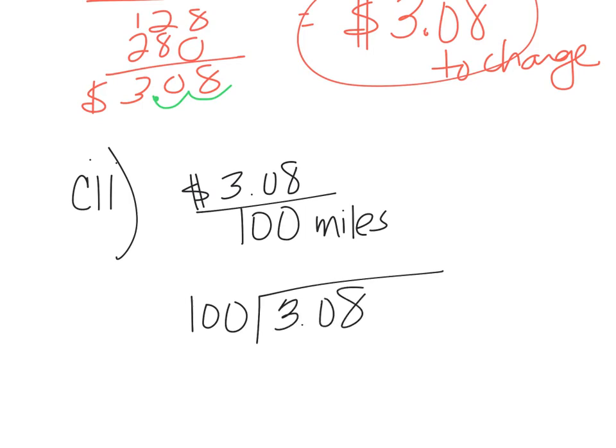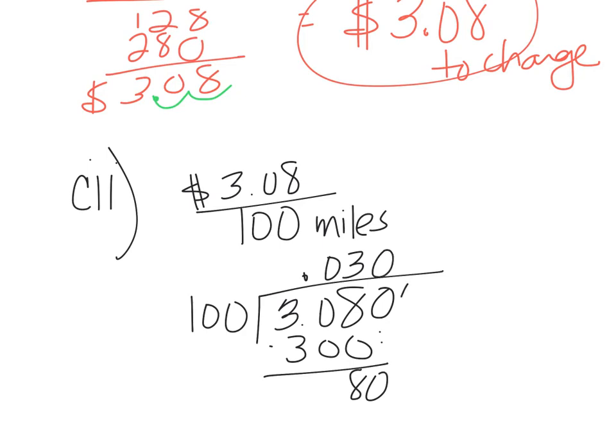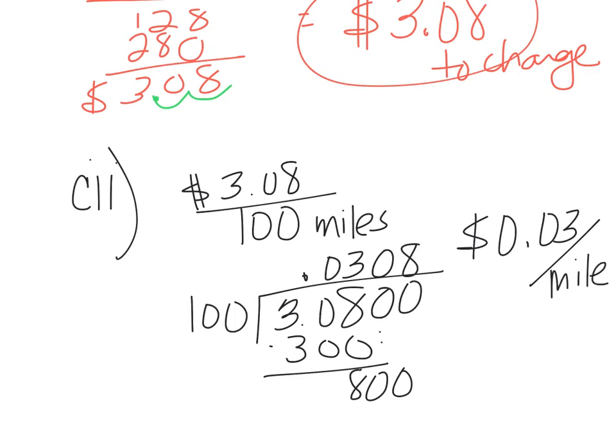If you can do that part in your head where you just move the decimal point over, that's fine. You can do that. So your answer is 0.0308, and you're going to round to the nearest whole cent. And the cost is 0.03 dollars per mile.